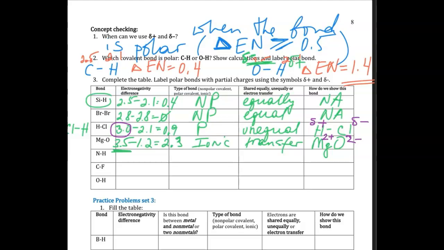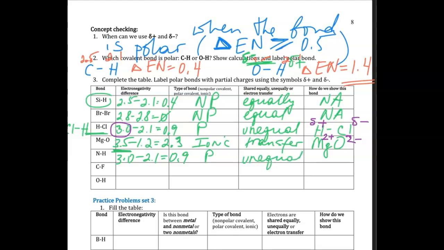Pay attention, guys, no dash, because a dash symbolizes a covalent bond. There are no dashes for ionic compounds, and we don't use delta positive, we use just charges, because magnesium lost 2 electrons, which gives magnesium the real charge, 2 positive.